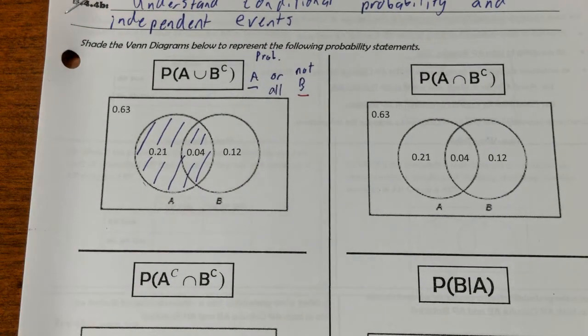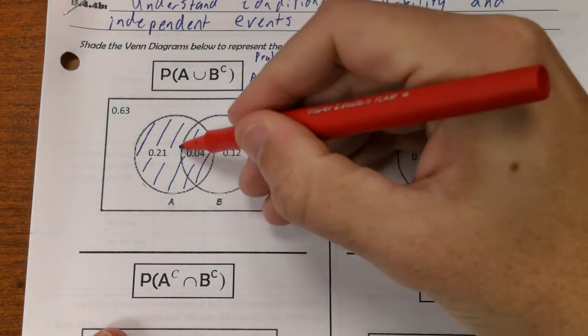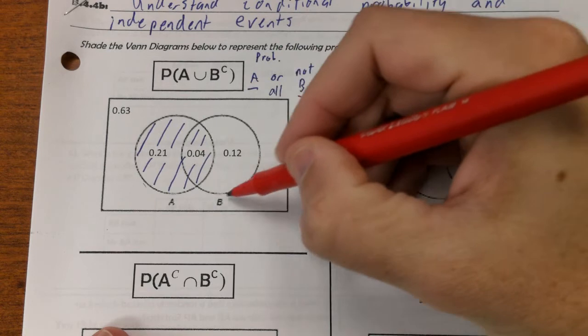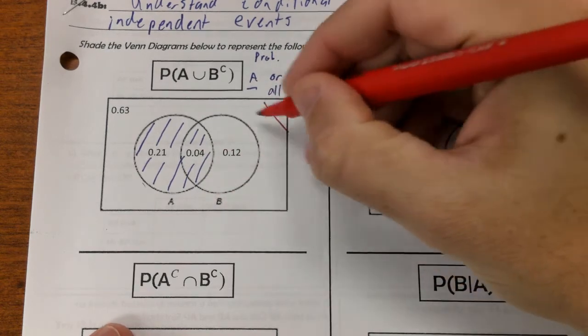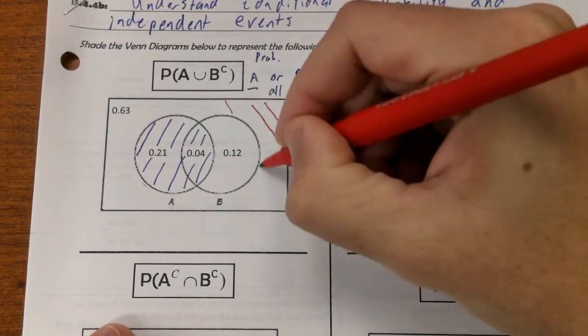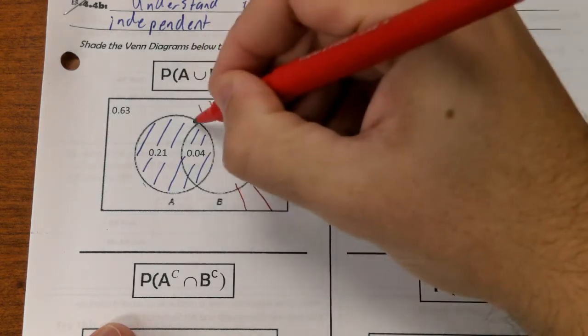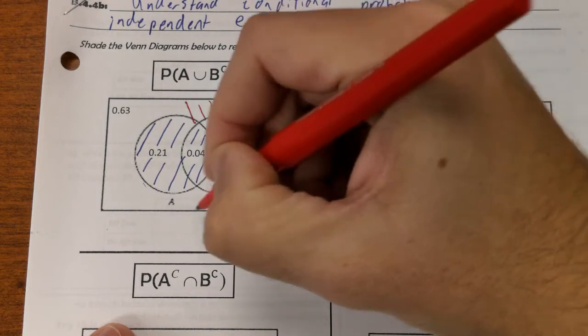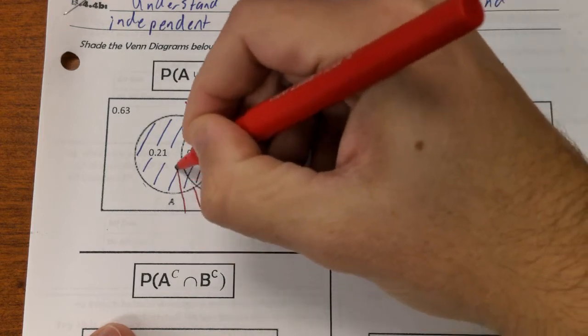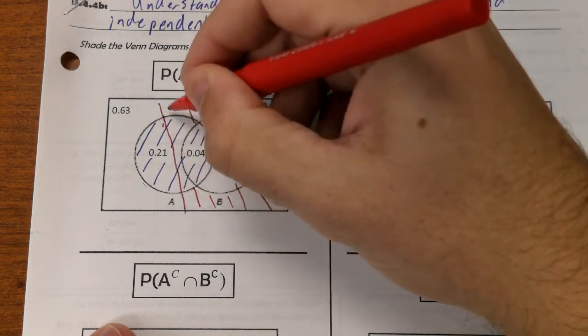And now not B means everything that's outside of the B circle. Well, the B circle is here. So everything outside of the B circle would be the outside, as well as this part of the A circle.